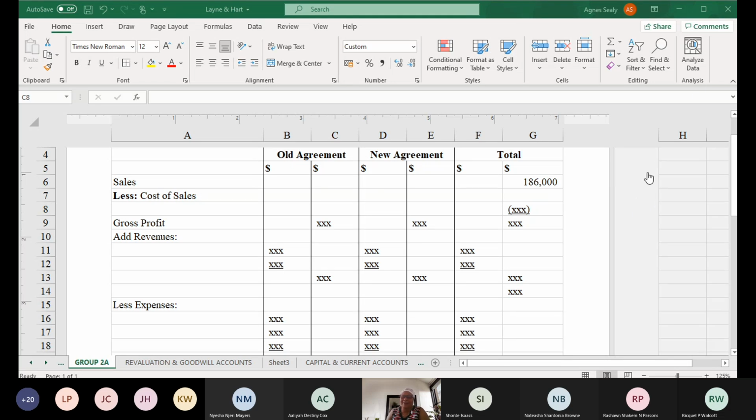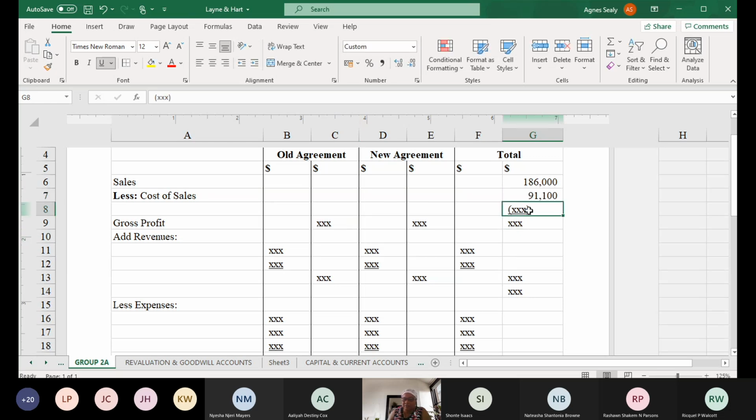Okay, so we talked about it, and some interesting ones are coming out. I was listening to Naisha explaining that the cost of sales is 91,100.